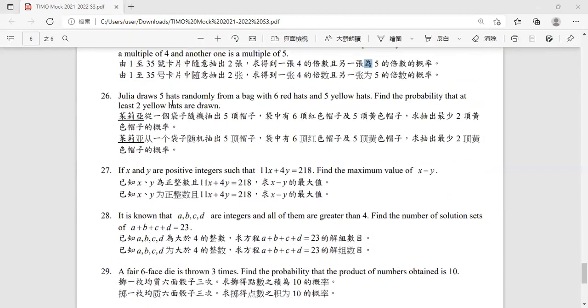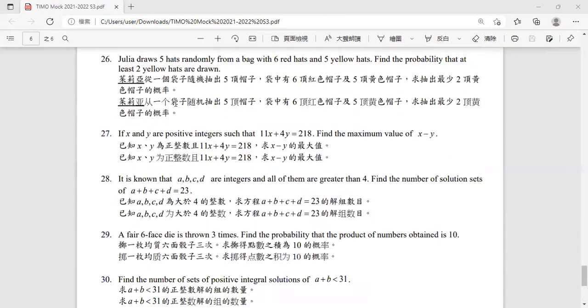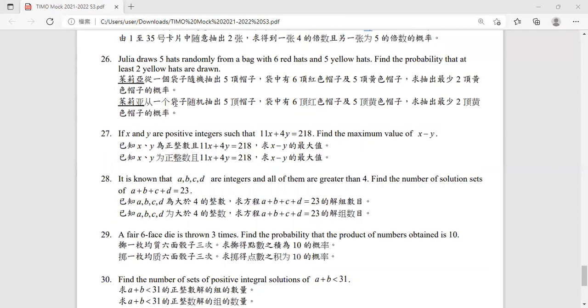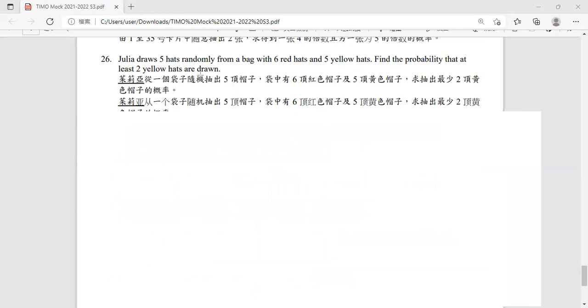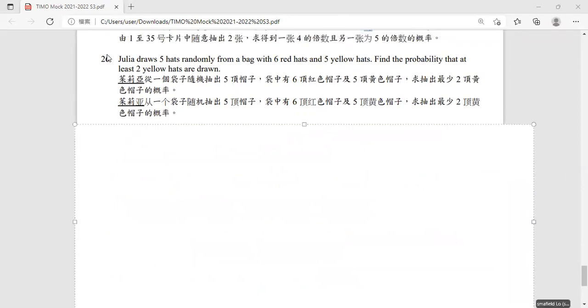Okay, 26. Julia draws 5 hex bundles from a bag with 6 red hex and 5 yellow hex. Find the probability that at least 2 yellow hex are drawn. So at least 2 yellow hex means you don't have the case of only 1 yellow hex or no yellow hex.